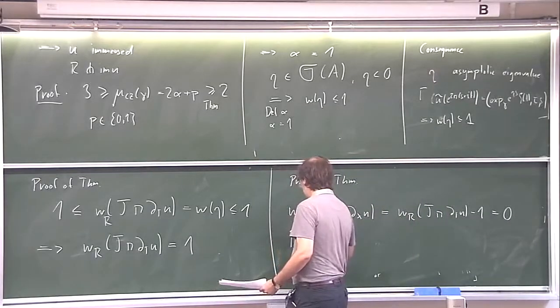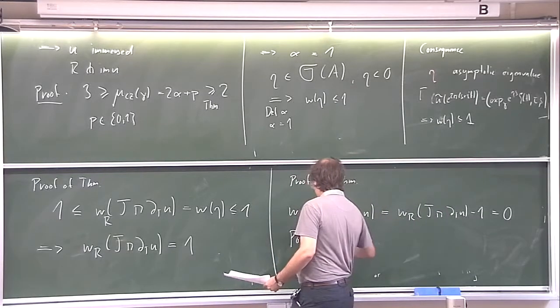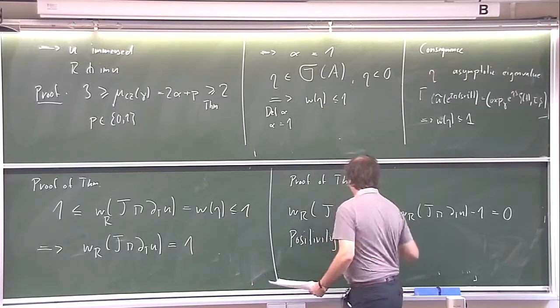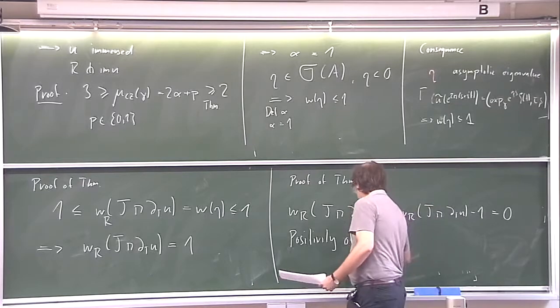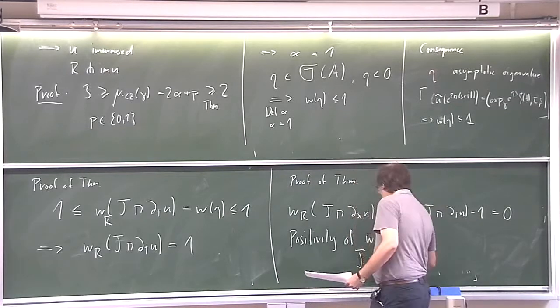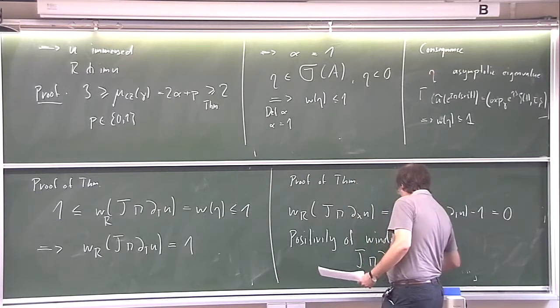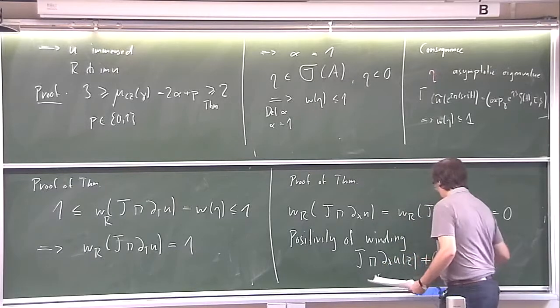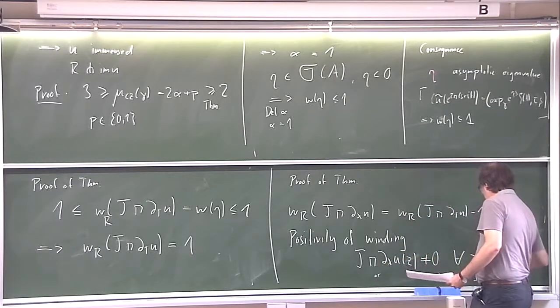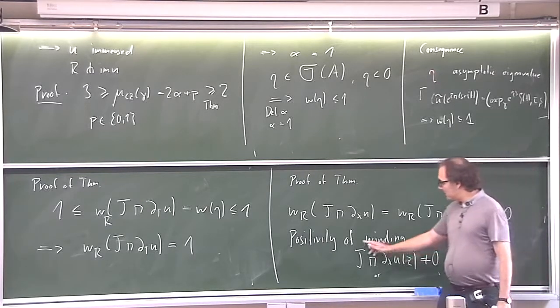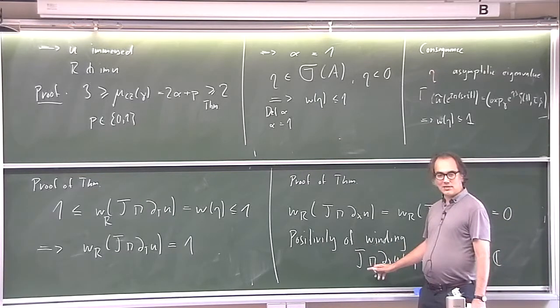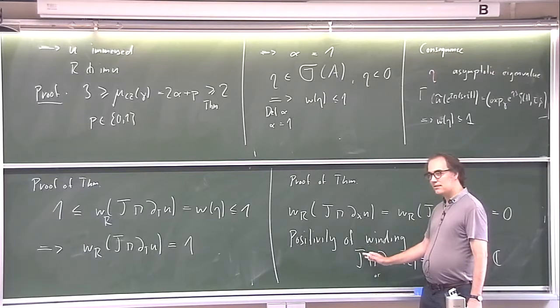So by positivity of winding, we have tau pi dxu z is different from 0 for all z in C. But tau here was just a trivialization, a linear bijection, so we can forget about tau.